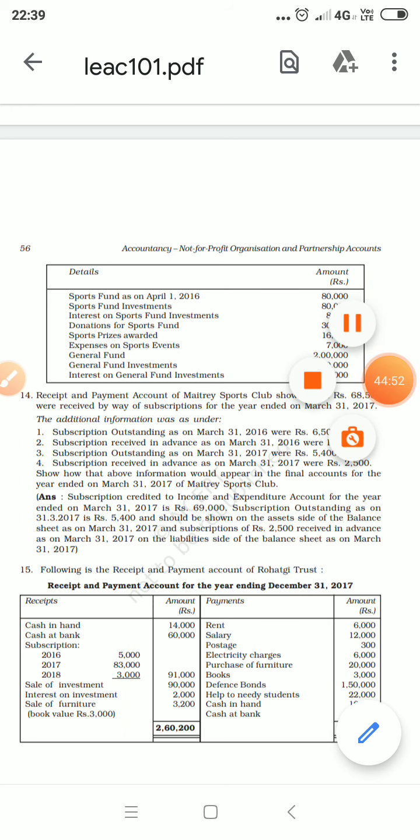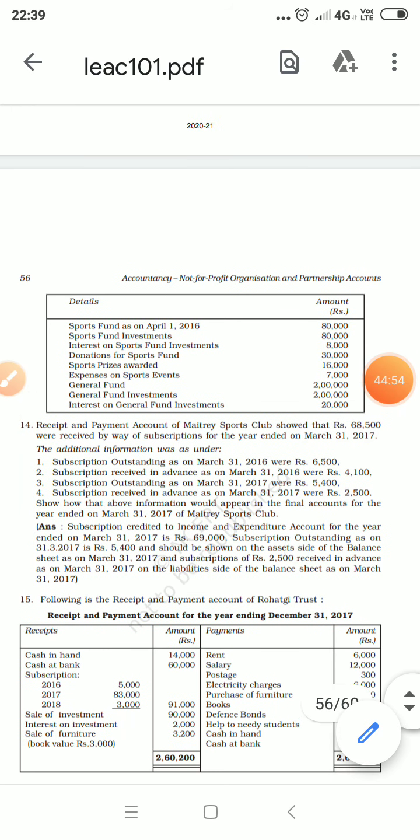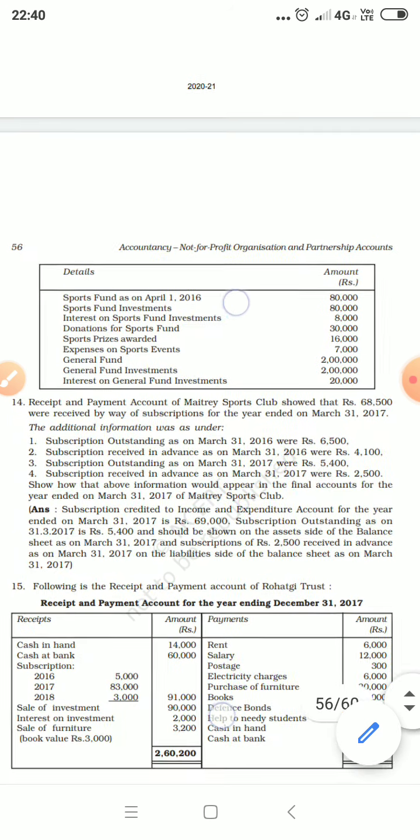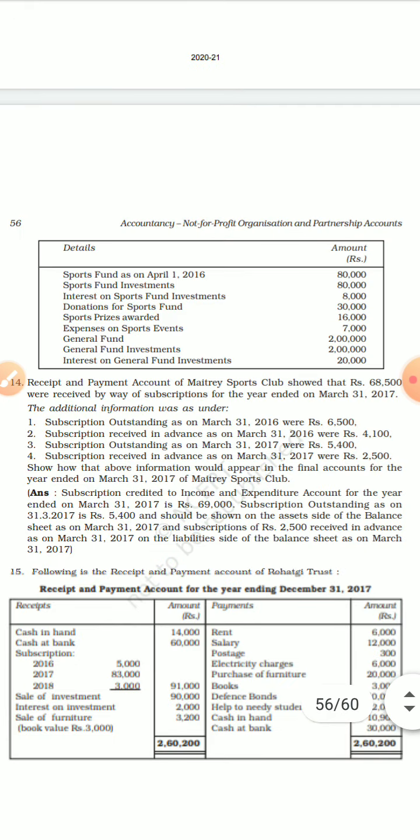So 2017 is the current year. The additional information was as under. Subscription outstanding as on March 31, 2016 were 6,500. Okay. So this is previous year's outstanding.